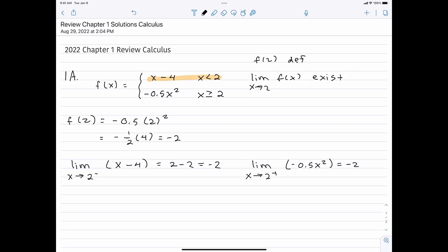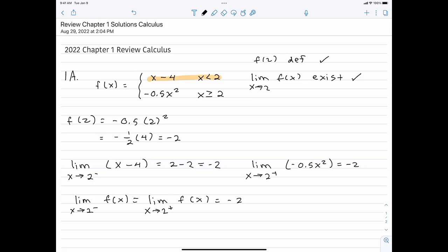So I think you'd agree the limit as x approaches 2 from the left of the function equals the limit as x approaches 2 from the right of the function, because they're both equal to negative 2. So conclusion, the limit exists.